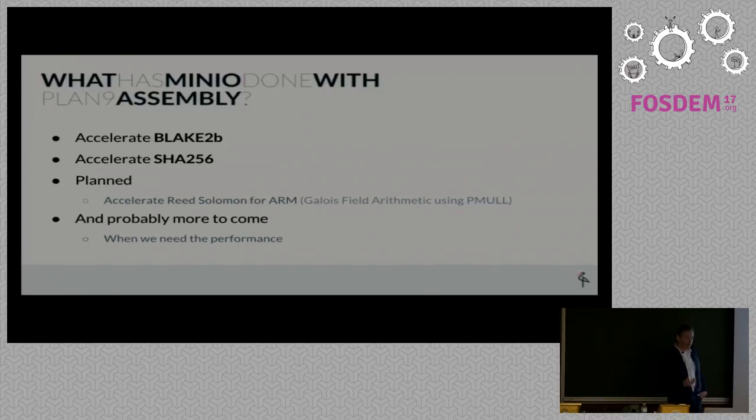So we want to use that instruction to accelerate the Reed-Solomon computation of the parity blocks for ARM. For Intel, it is already accelerated, but we want to do the same for the ARM platform. And when there is a need in certain pieces of the code, we will likely do more.